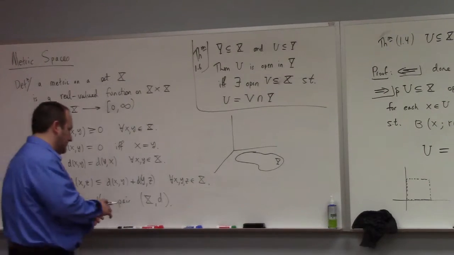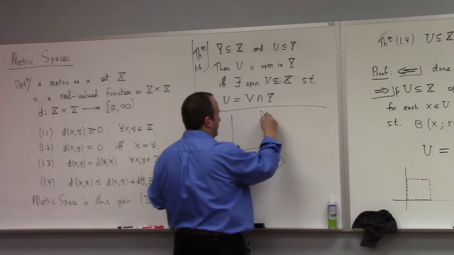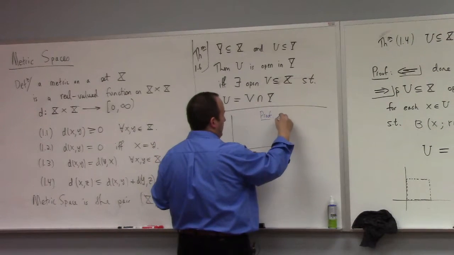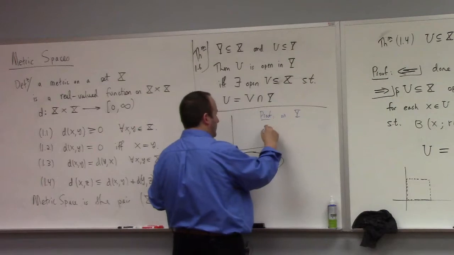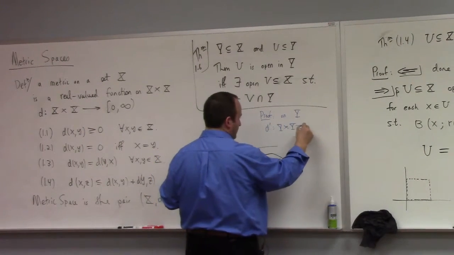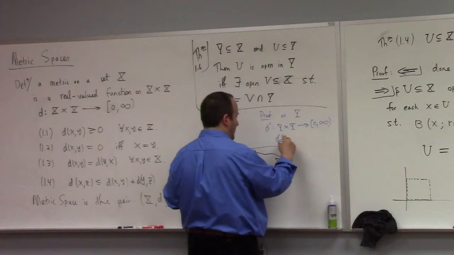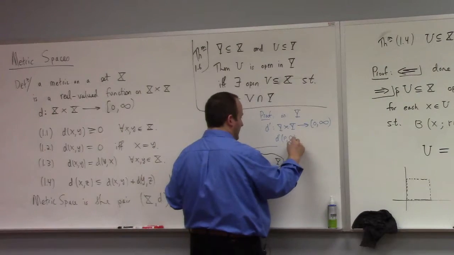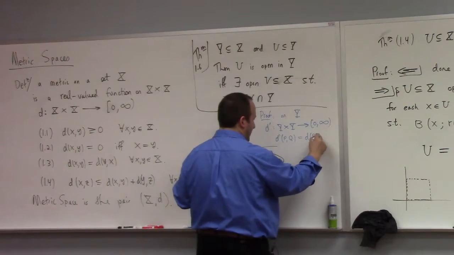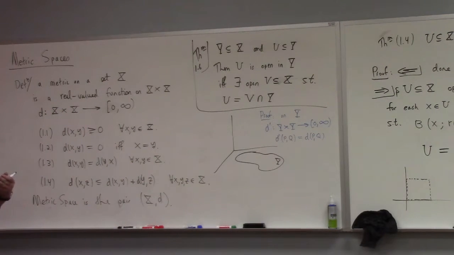So the proof goes along the lines of, on Y, you have d prime, which goes from Y cross Y to the usual thing, where the distance between 2 points, say p and q in Y, is just the distance from p to q. So it's just the distance where d is the distance function on X. So you're just restricting the distance function, right?